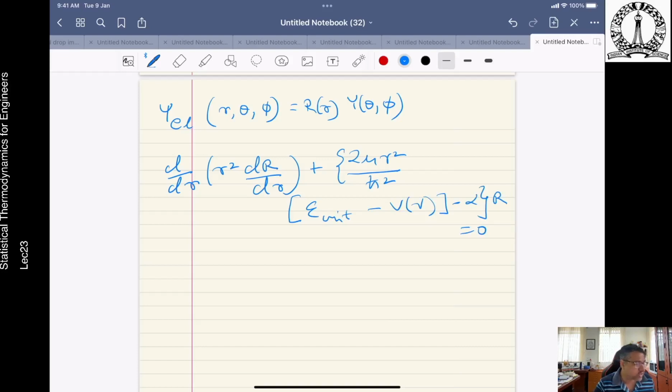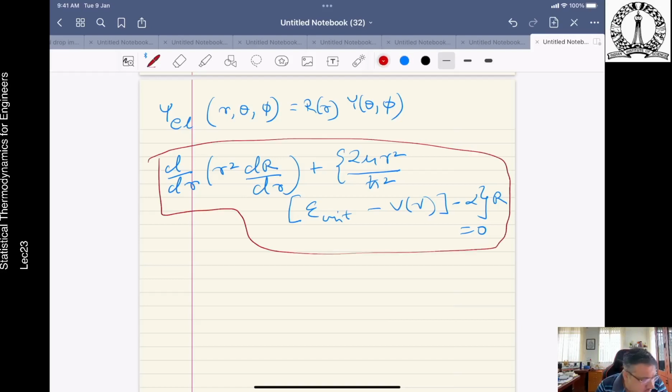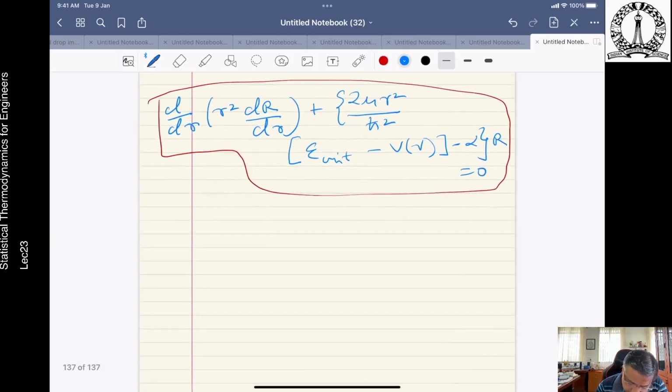So this was the R equation. This equation now can be reduced in a similar form. So we can replicate the similar form.